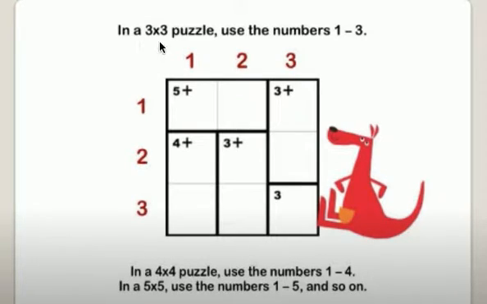I know this is a 3x3 puzzle because it has 1, 2, 3 squares going across, and 3 squares going down. 1, 2, 3. In a 4x4 puzzle, use the numbers 1 through 4. In a 5x5 puzzle, use the numbers 1 through 5, and so on.